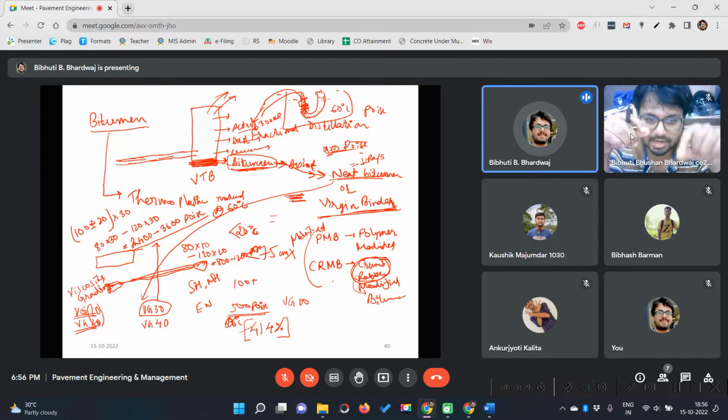When it is hard, you will get more viscosity because the resistance to flow will be more. Like that you can convert VG10 bitumen to VG20, VG20 to VG30.